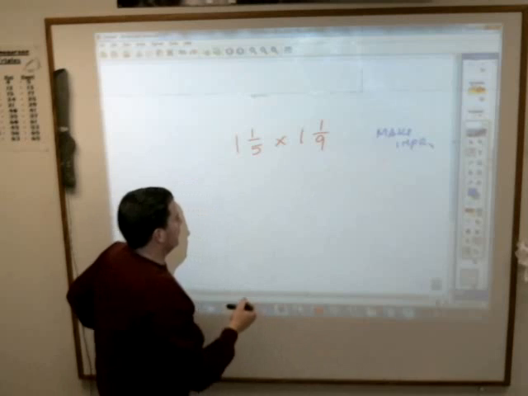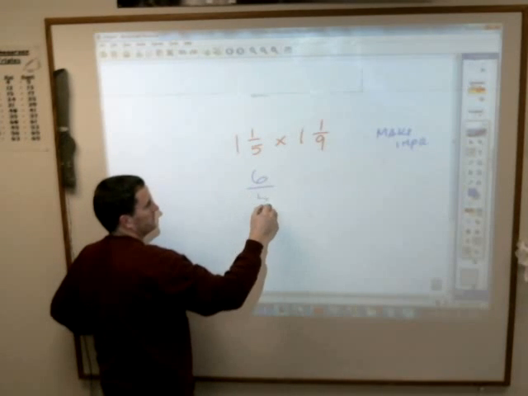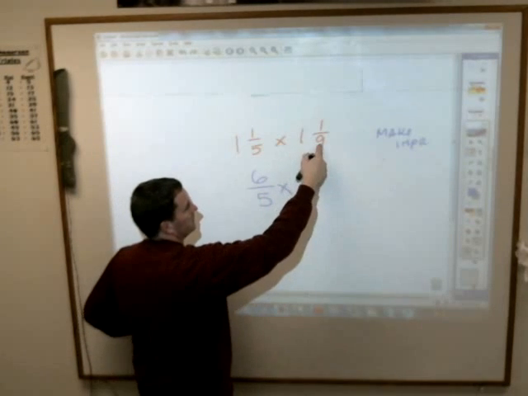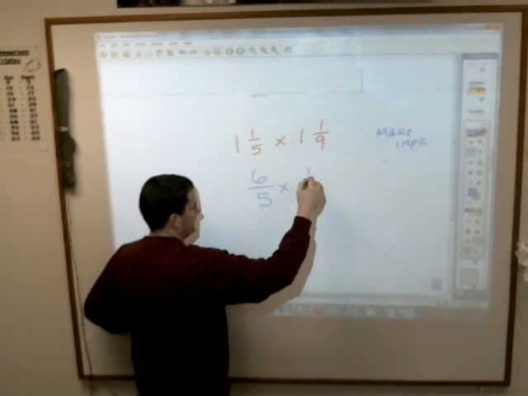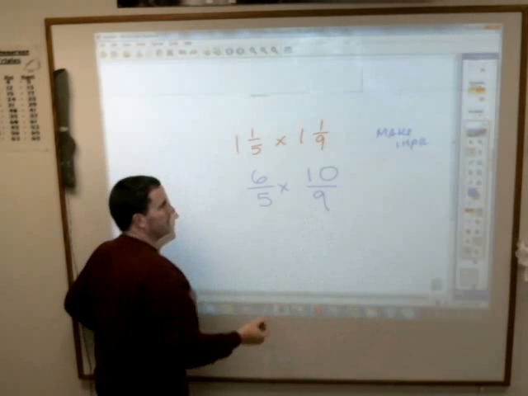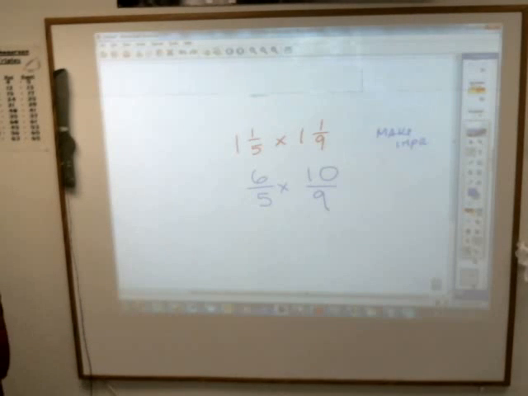So when I do that, what do I end up with? 5 times 1 plus 1, I get 6/5 times 9 times 1 plus 1, 10/9. Now, if I were to multiply it like it is, I'm going to get 60 over 45, and then I got a lot of work to do because I'm going to have to reduce and do whatever. But before you multiply, look to see what numbers can cross-cancel.